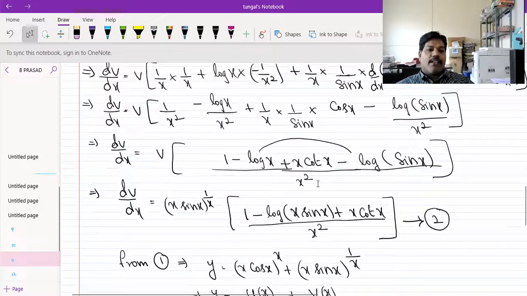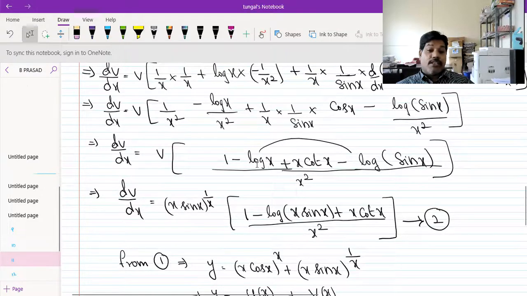So take x square as the LCM. What we will get is 1 minus log x plus cos x by sin x, which will become cot x, into 1 by x. The denominator is x only, but we have taken the LCM as x square, so you have to multiply by x here, students. So that is nothing but x cot x minus log of sin x, over the denominator.